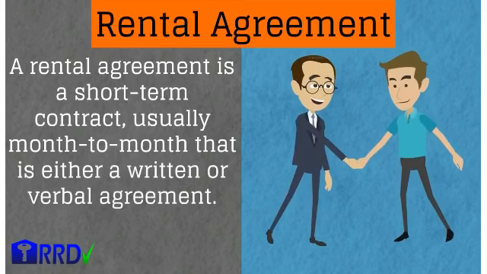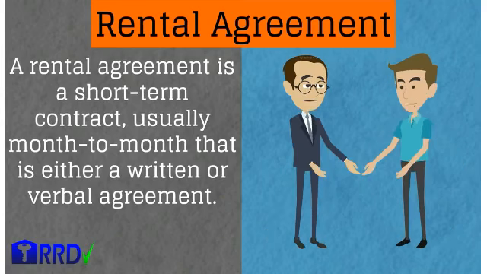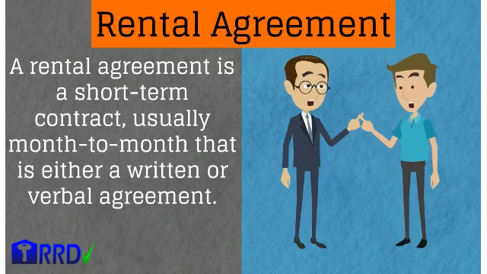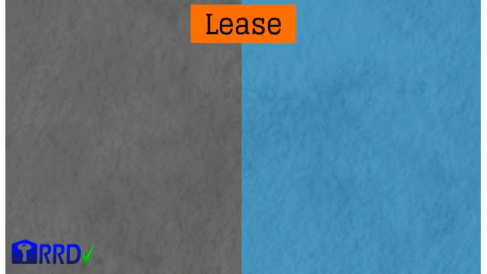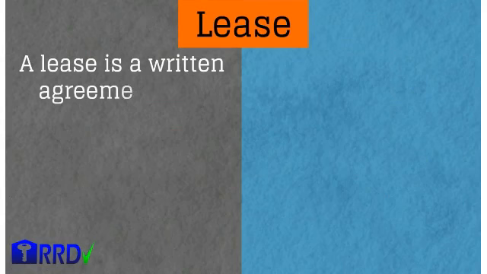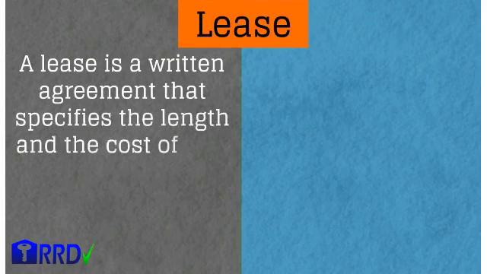Please follow carefully here. A rental agreement is considered a short-term contract, usually month to month, that is either written or verbal. Verbal is when you've paid the landlord the deposit and the rent for the first month, and you move in, you get the keys.